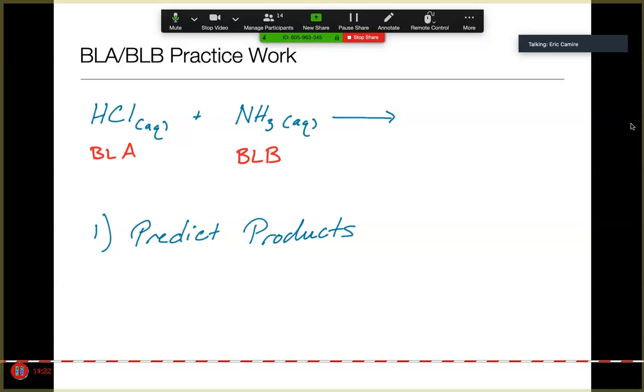See if you can use your notes and anything else to help predict what the products are going to be. All right, about 10 more seconds.